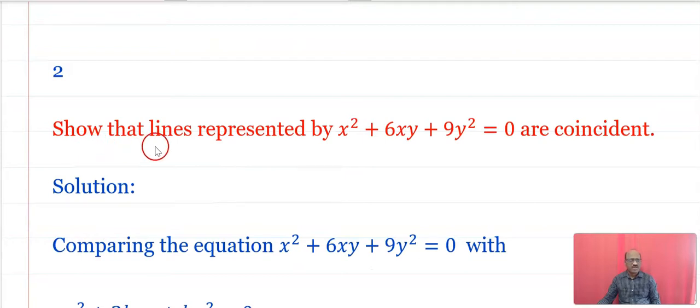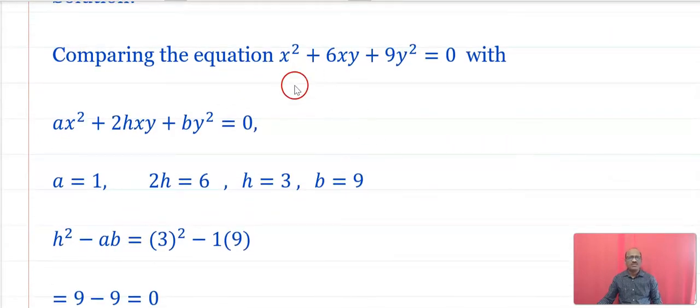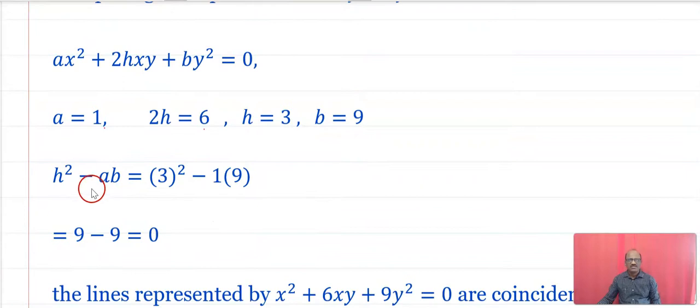Next question, show that the lines represented by x square plus 6xy plus 9y square equals 0 are coincident. Now comparing x square plus 6xy plus 9y square with ax square plus 2hxy plus by square equals 0, what is the value of a? a is 1 here, 2h is 6, b is equal to 9, and the formula when the lines are coincident, we know that h square minus ab equals 0.